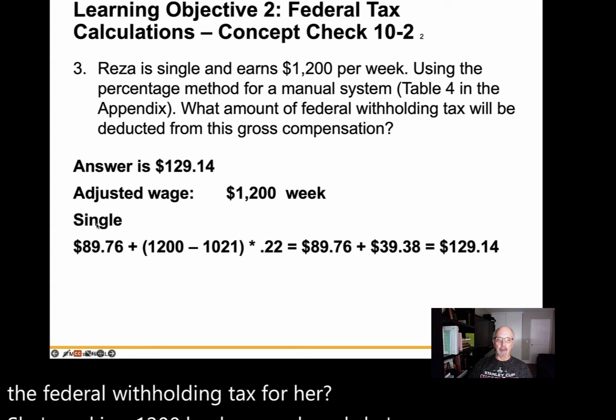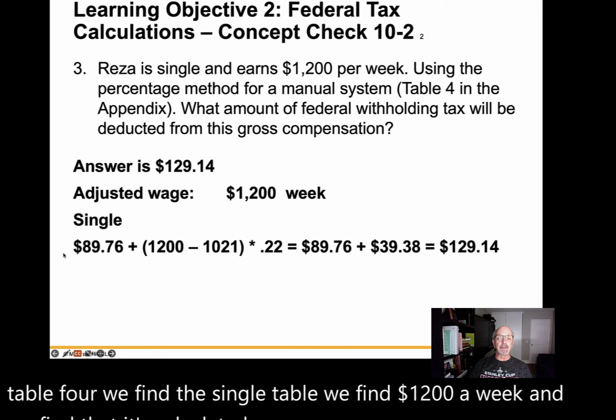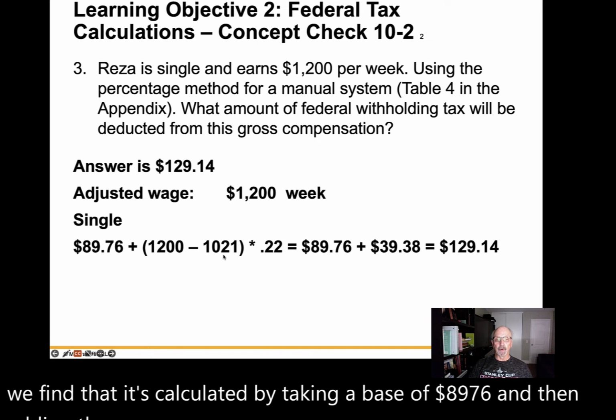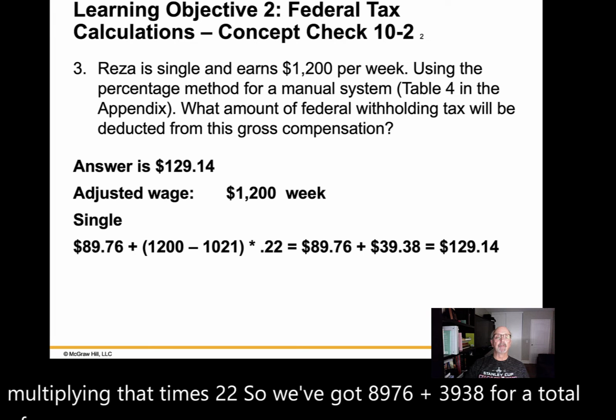So we go to table 4, we find the single table, we find $1,200 a week, and we find that it's calculated by taking a base of $89.76 and then adding the difference between 1,021 and the actual pay and multiplying that times 22%. So we've got 89.76 plus 39.38 for a total of 129.14.